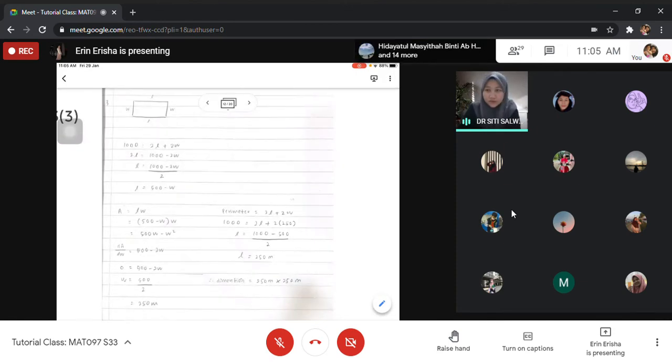Okay, that's why kawan you ni dia come out dengan perimeter equation 2L plus 2W equal to 1000 meter.